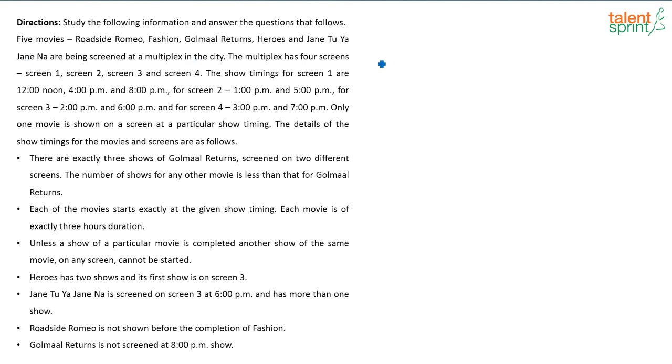So there are 5 movies and there are 4 screens. So you have screen 1, then screen 2, screen 3 and screen 4. The show timings for screen 1 are 12 noon, 4 p.m., 8 p.m. and as follows: only one movie is shown on one screen at a particular show timing.